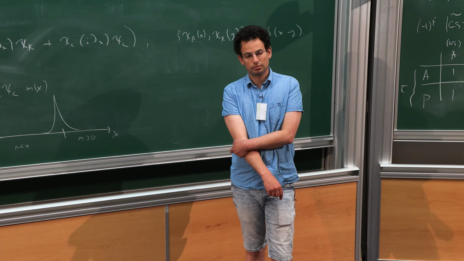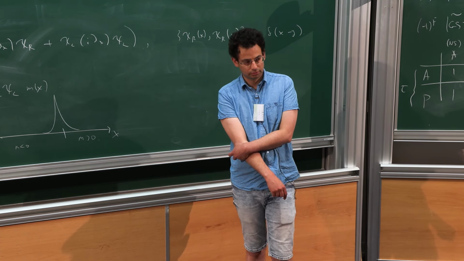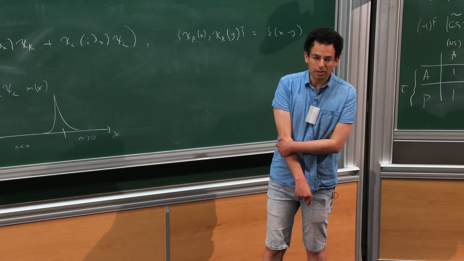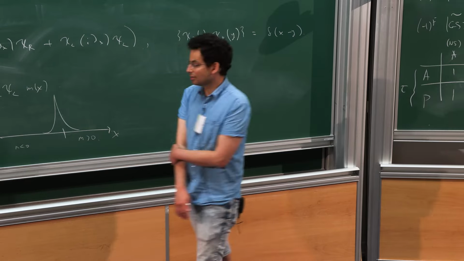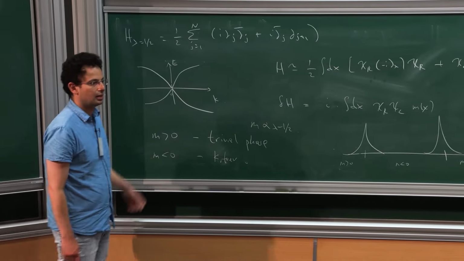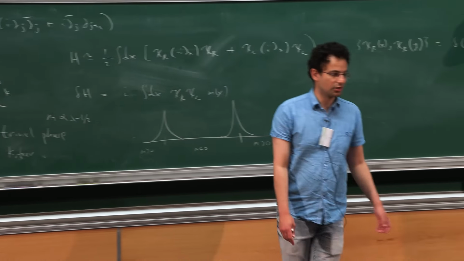So is there some convention which allows you to say what is trivial and what is Kitaev? I think once you come to the continuum description, you don't know which one is the trivial and which one is Kitaev. So there is some convention.